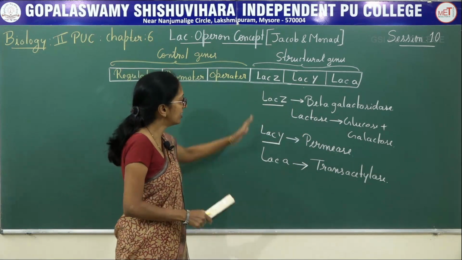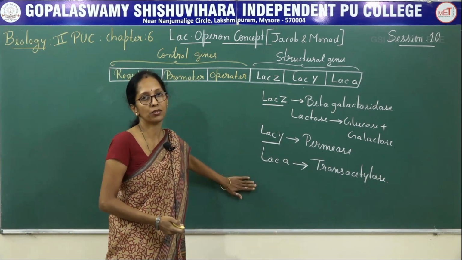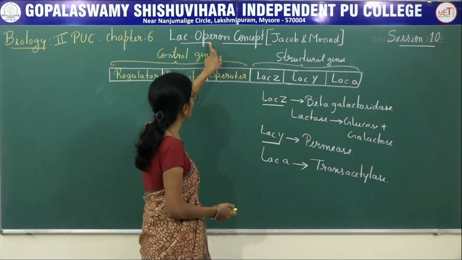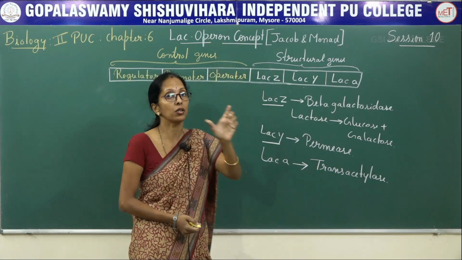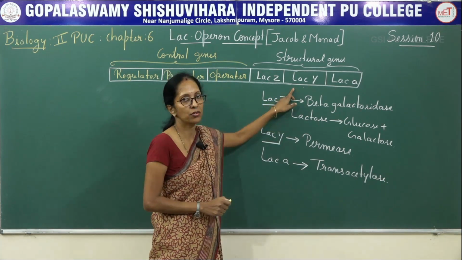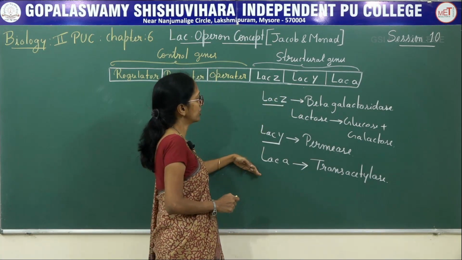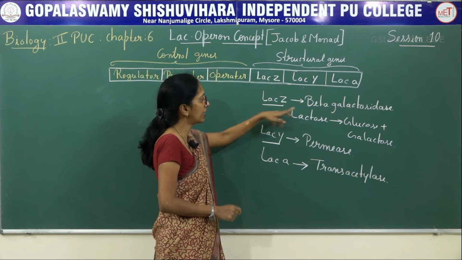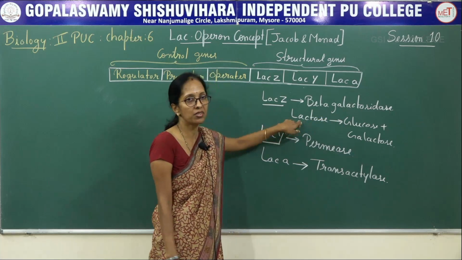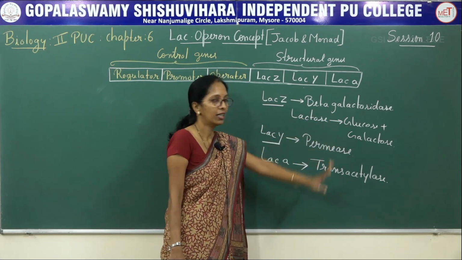Now these three together mainly help in the synthesis of mRNA. Already I told you, operon means a group of structural genes that helps in the synthesis of mRNA, and there are three types of genes associated here. The first is lac Z, helps in the synthesis of beta-galactosidase, so that it helps in the breakdown of lactose into glucose and galactose.